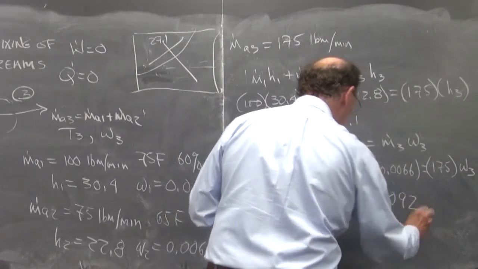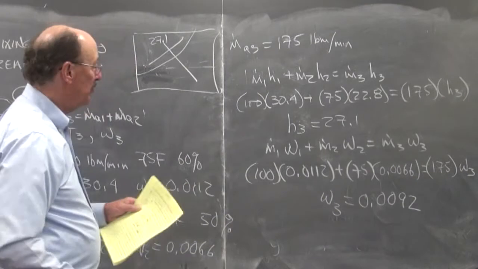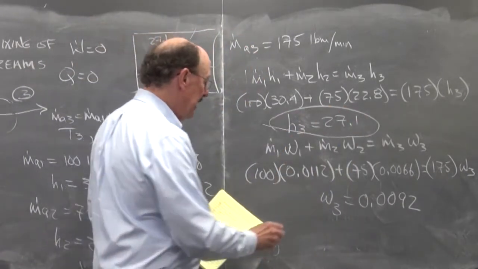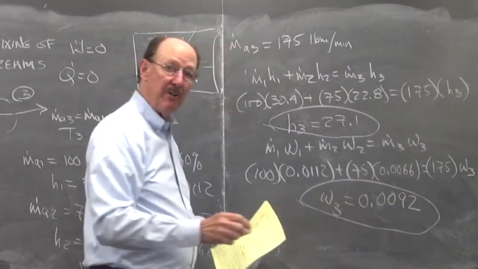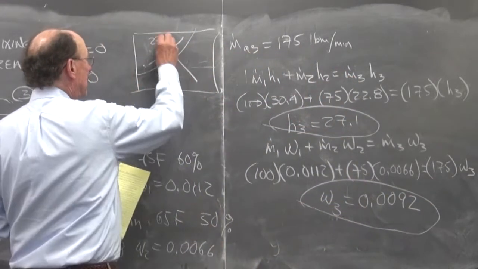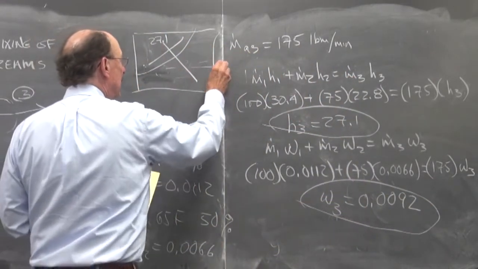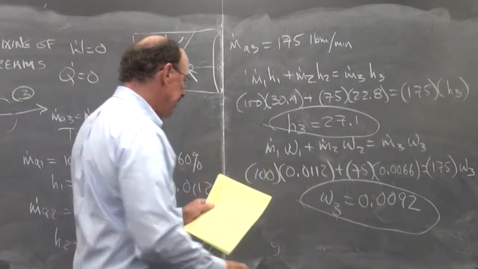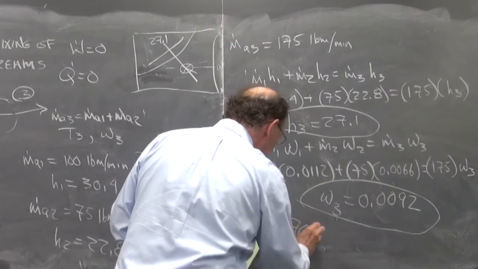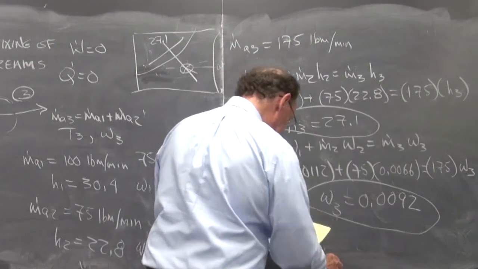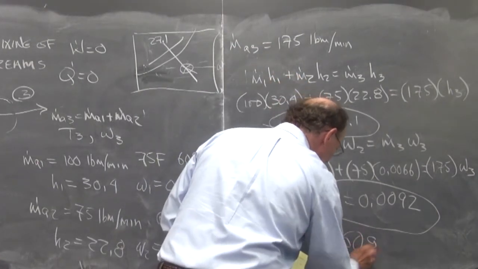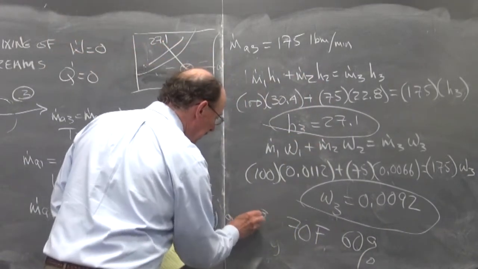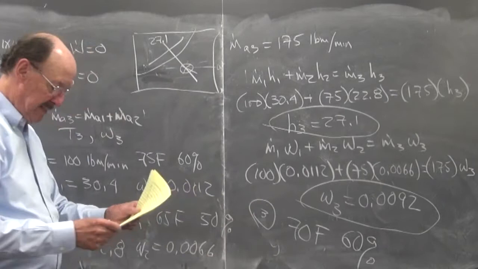So now I know this value of enthalpy and this value of omega, so I can go in at that value of enthalpy and this value of omega, and X marks the spot, and you'll find that this is about 70 degrees Fahrenheit and 60% relative humidity. So the output, state 3, is what we would have.